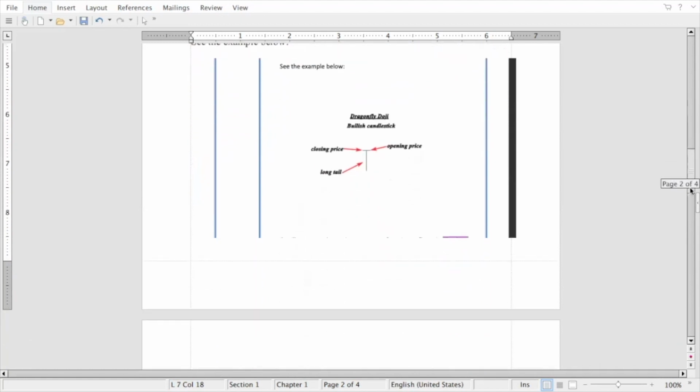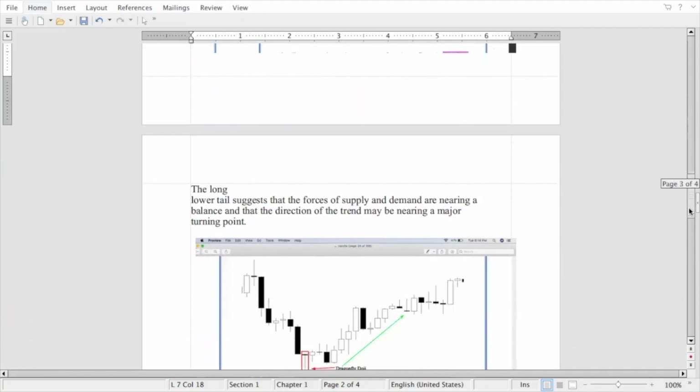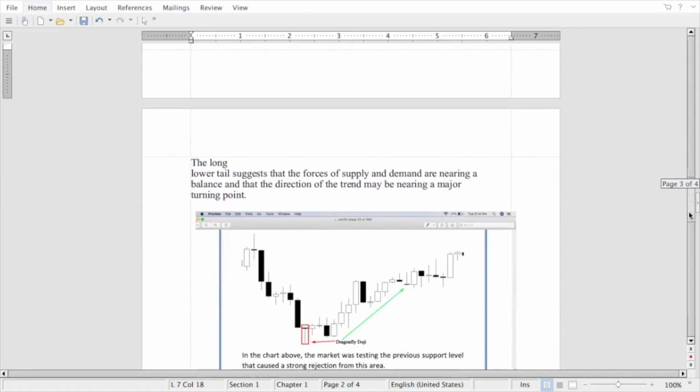The longer lower tail suggests that the forces of supply and demand are near a balance. The direction of the trend may be nearing a major turning point, class.